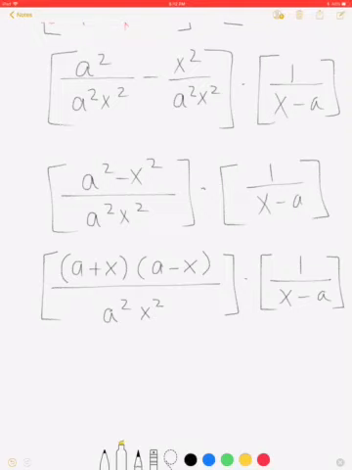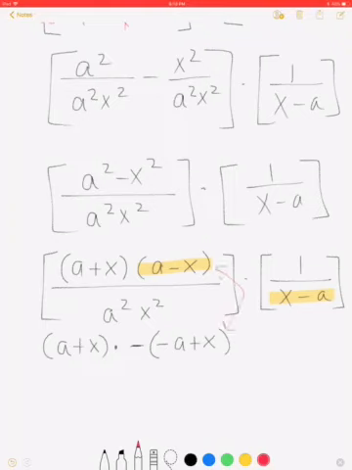Alright, now you may notice that x minus a looks a heck of a lot like a minus x, but it's not exactly. It is the opposite. So we're going to sort of fix this using a negative sign. So if I rewrite this as negative a plus x, do you agree that these two things are actually the same thing?